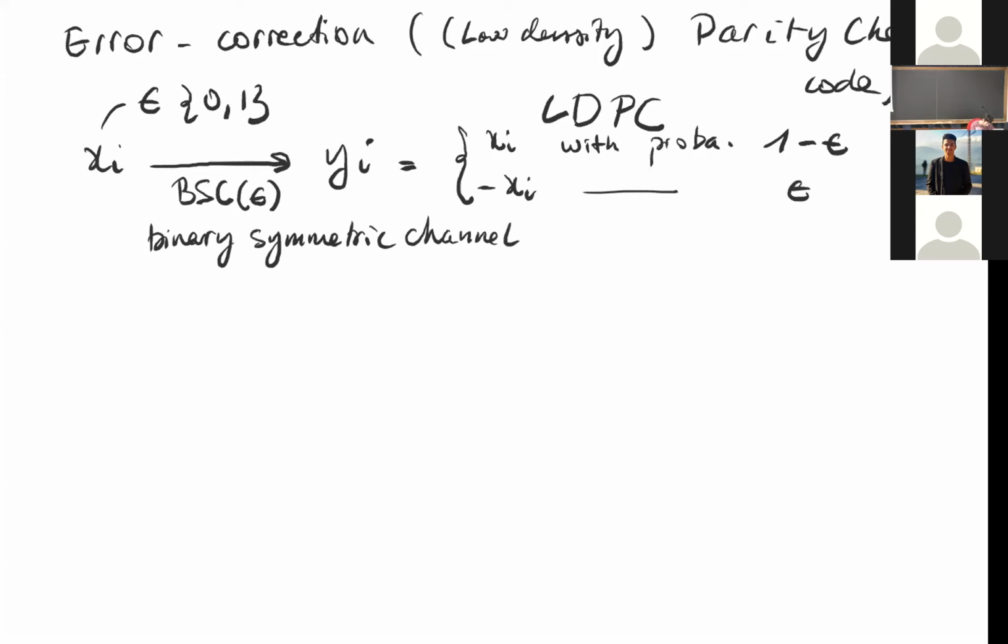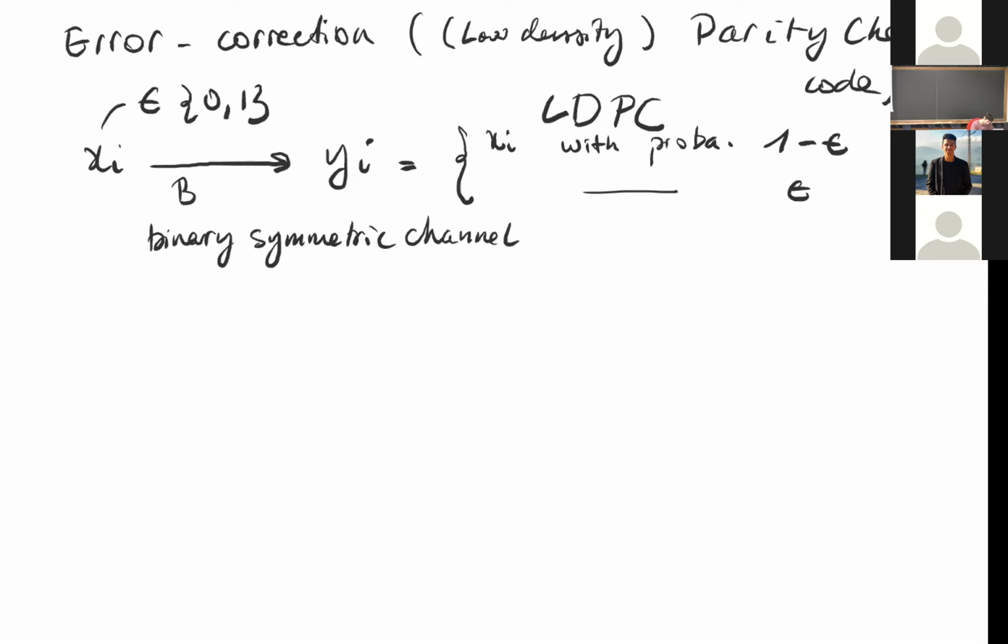Otherwise, you have to consider spins, -1 and 1, otherwise the flip. We can consider two models. But let me consider really the simplest model first.